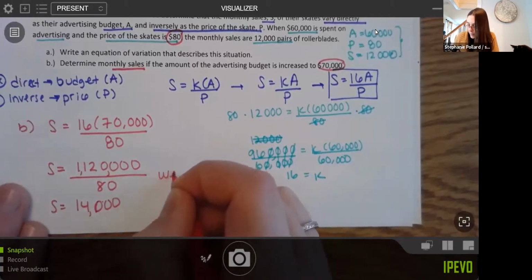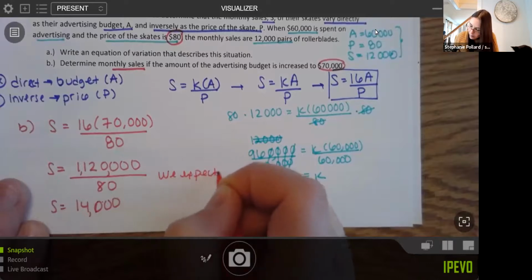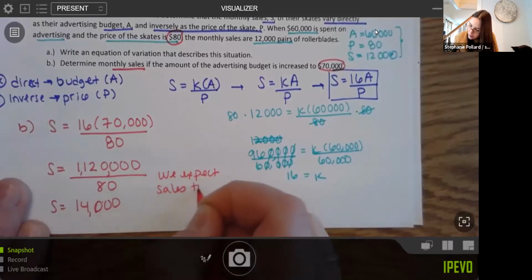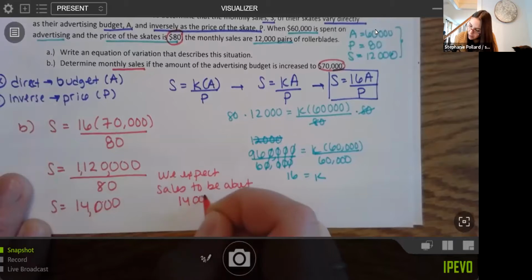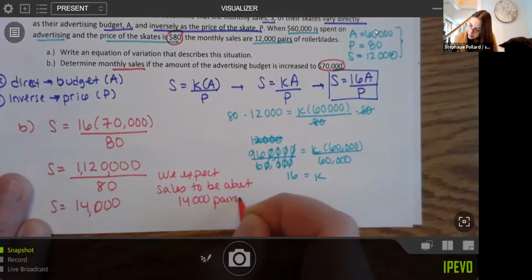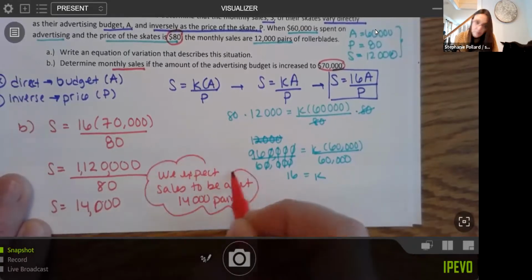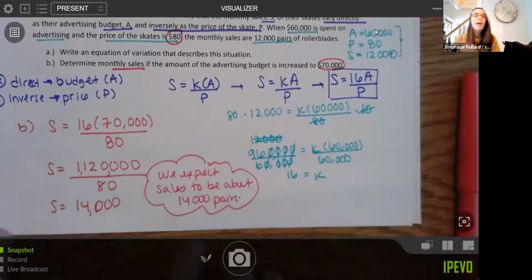So we expect sales to be about 14,000 pairs. So we're able to go ahead and kind of combine those two different types of variation within one problem. Because a lot of times our problems are much more complicated than just having one variable.